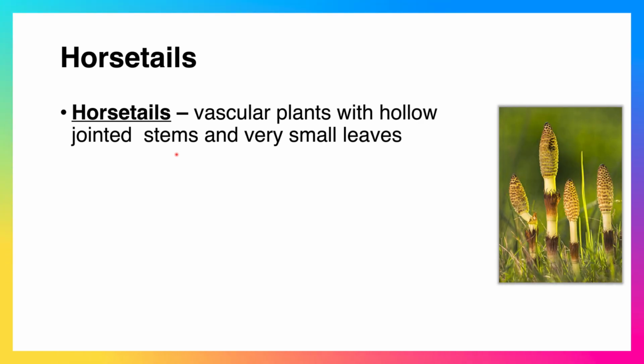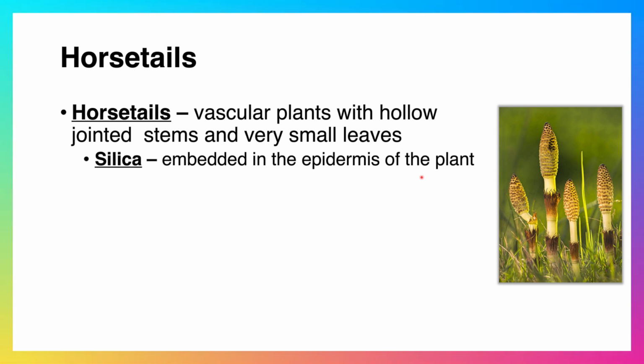Another vascular plant that doesn't produce seeds is a horsetail. Horsetails are vascular plants with hollow jointed stems and very small leaves. This is a picture of a horsetail over here on the right.